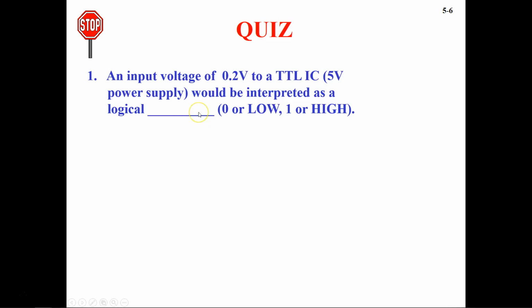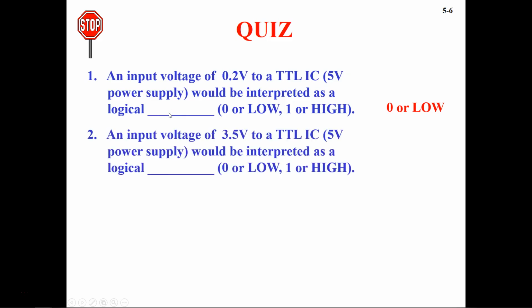If you remember, the input voltage which can be accepted as low by the TTL is from 0 to 0.8. So this 0.2 comes under 0.8, which means it is low logic. So this is going to be your 0 or low.